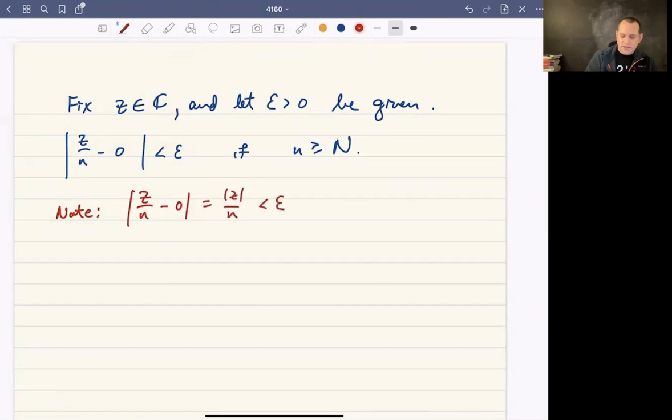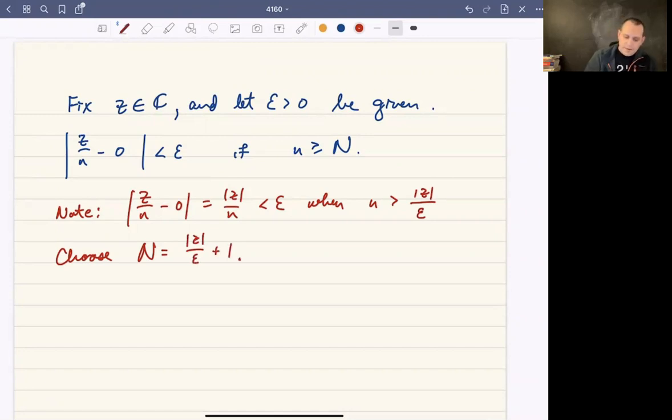And that's going to be less than epsilon when little n is greater than the modulus of z over epsilon. So we can choose capital N to be, say, this quantity plus 1, or if you insist that capital N has to be an integer, you can just round up to the nearest integer. That's fine.